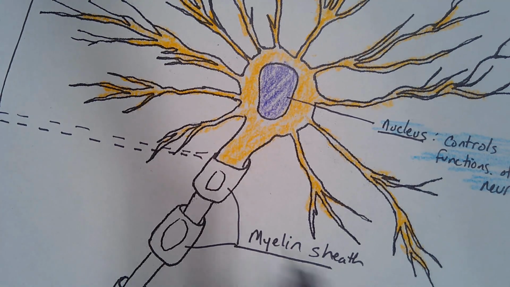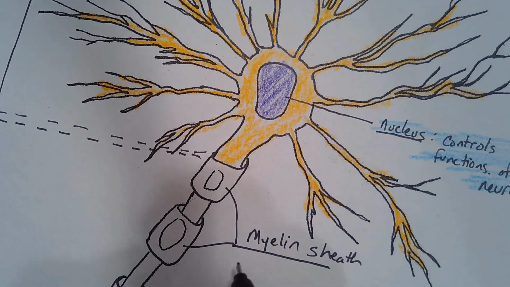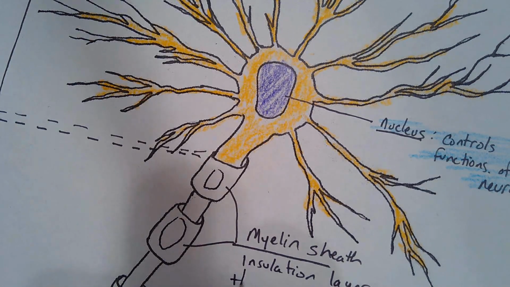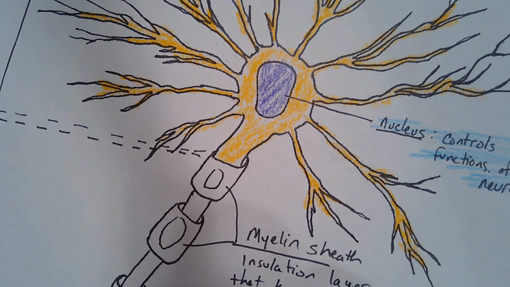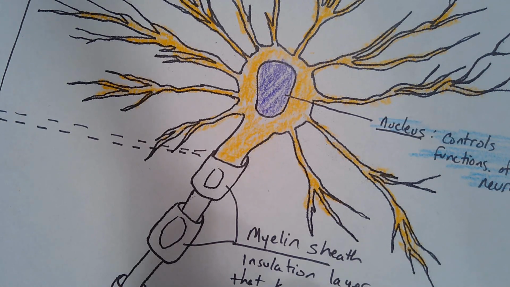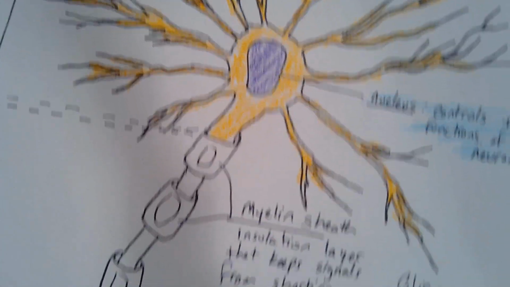Okay? So this myelin sheath is the insulation layer that keeps signals from shorting out.